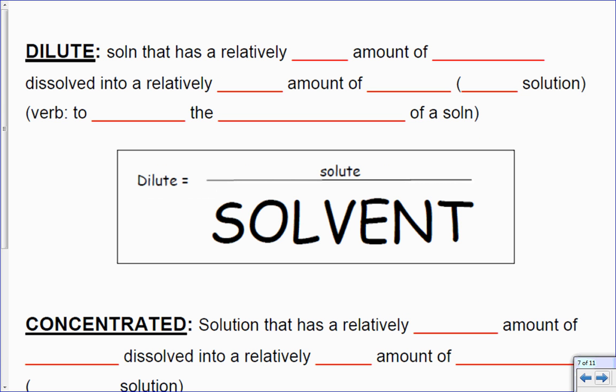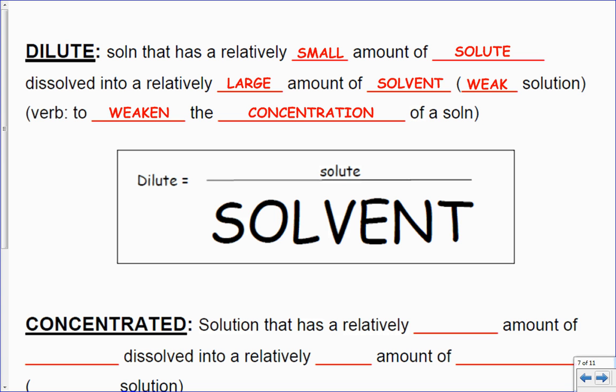A dilute solution has a relatively small amount of solute dissolved into a relatively large amount of solvent. It's what we call a weak solution. As a verb, to dilute means to weaken the concentration of a solution.